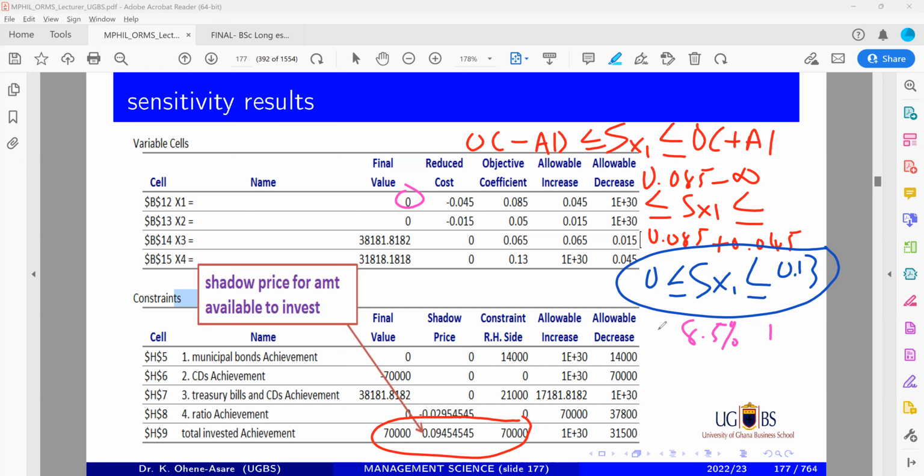So they can increase it all the way to 13%, no more, because that's the upper bound of the sensitivity range. So if I were to ask you, what would be the minimum interest rate that would ginger Ama Benyuado to invest in municipal bonds? Because currently she's not investing in municipal bonds. What would be the minimum interest rate that would motivate her to put money into municipal bonds?